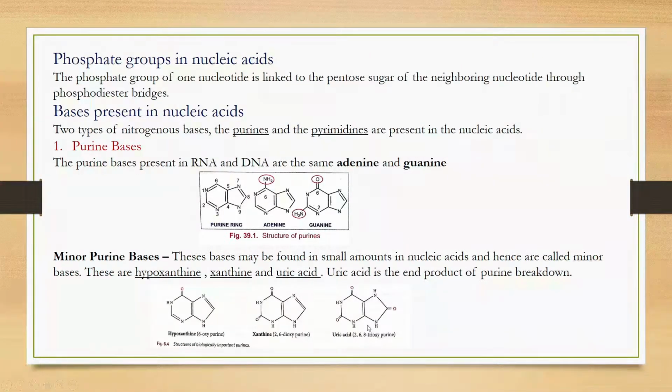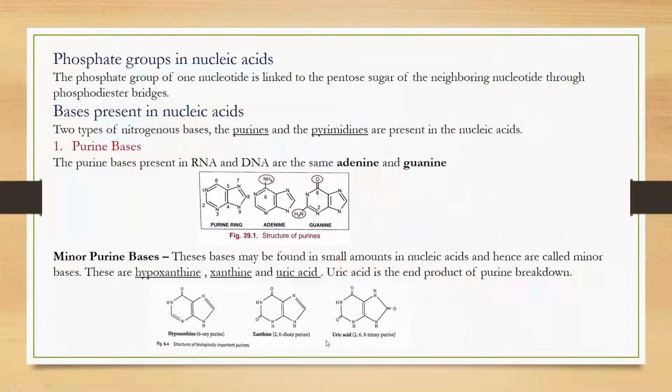Now, the phosphate groups in nucleic acid: the phosphate group of one nucleotide is linked to the pentose sugar of the neighboring nucleotide through phosphodiester bridges. That forms the central backbone with the bases oriented outwards from the side of the sugar phosphate chain.